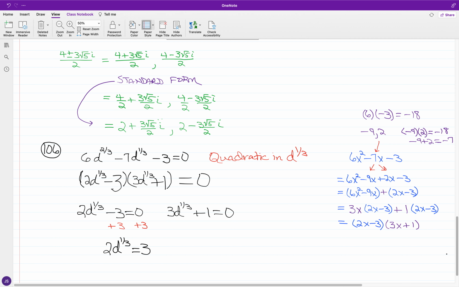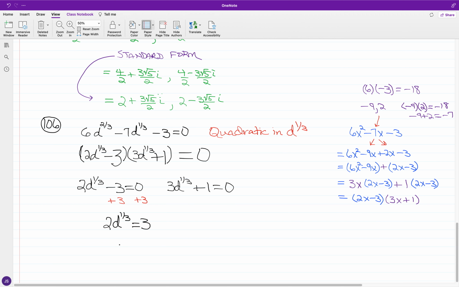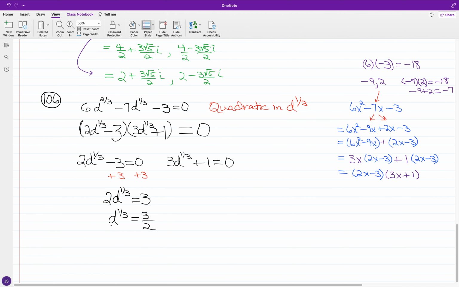And upon dividing by 2, just to get the d to the 1/3 by itself, d to the 1/3 is equal to 3/2. Just converting from an expression with a non-integer exponent to its radical counterpart, d to the 1/3 is the cube root of d. So the cube root of d is equal to 3/2.